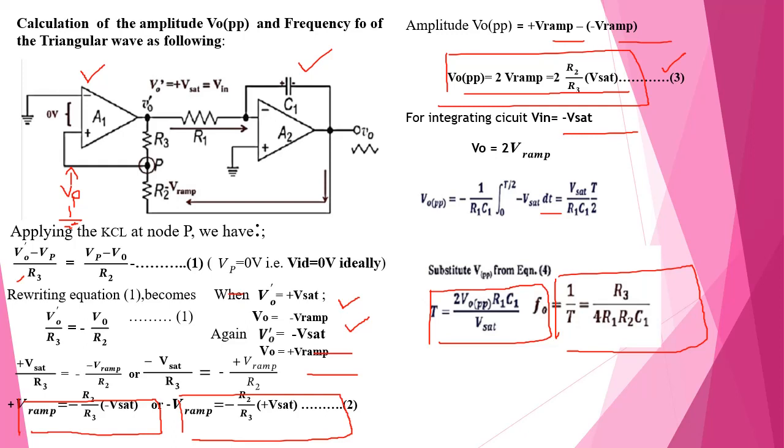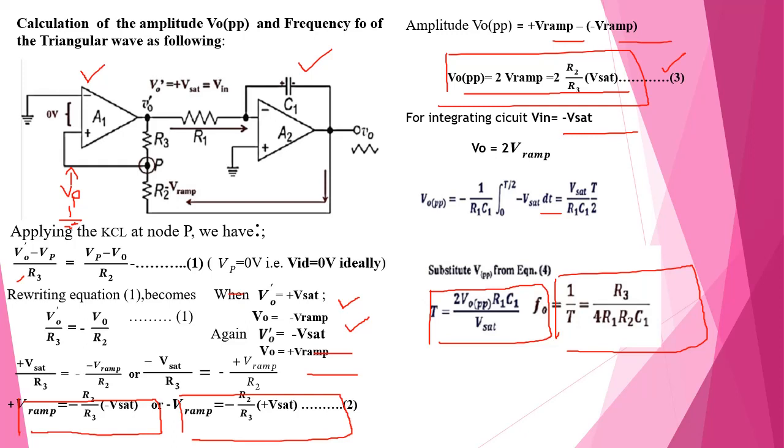Let us understand this circuit diagram. Here A1 is a comparator and A2 is an integrator, with R1 and C1, and this is the voltage divider of resistors R2 and R3.